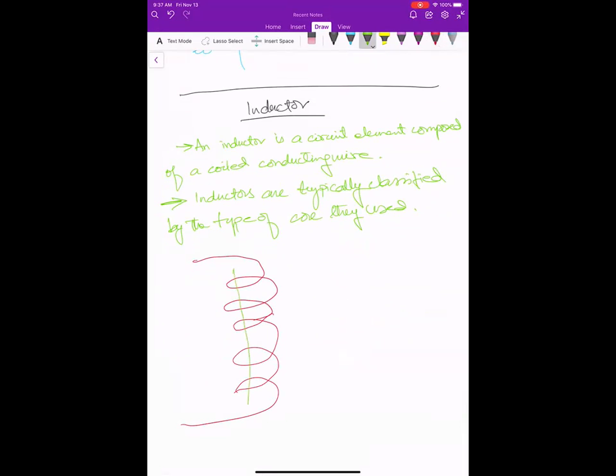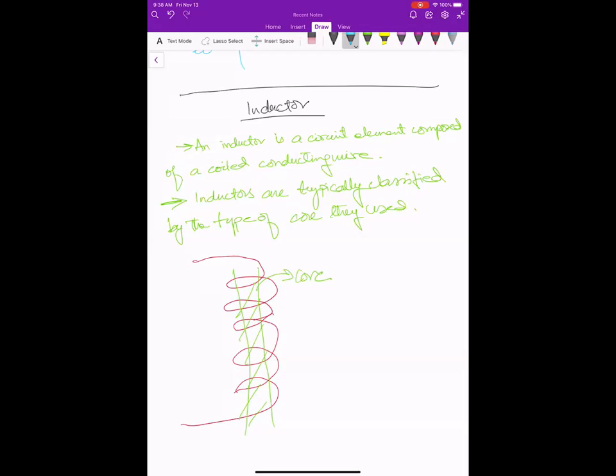This core could be anything, and this core defines the ability of the inductor, like in a capacitor, the dielectric defines the ability of the capacitor to store charge.